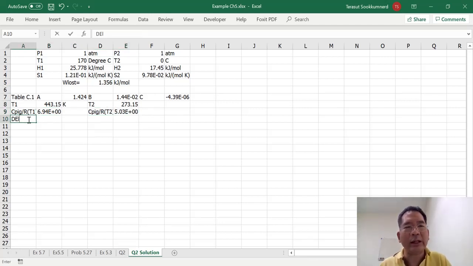So we can calculate our delta H by using the formula we have discussed in the class.